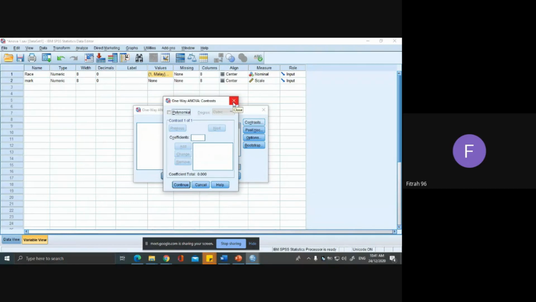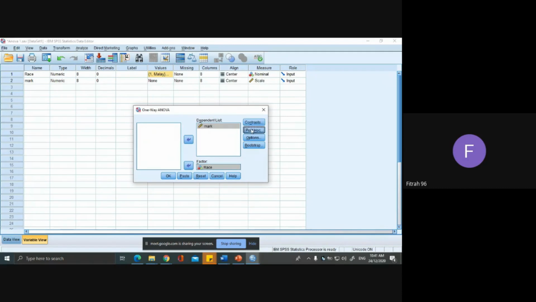We rarely use it in analysis, so we usually use post hoc.